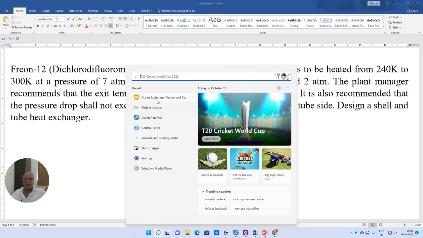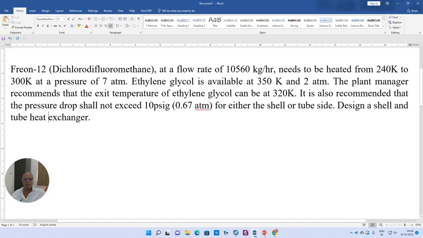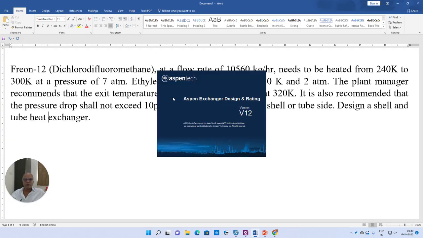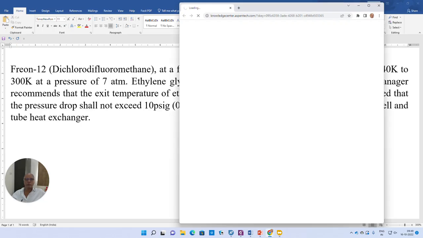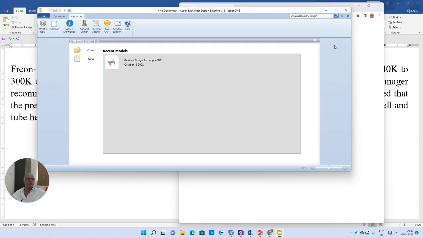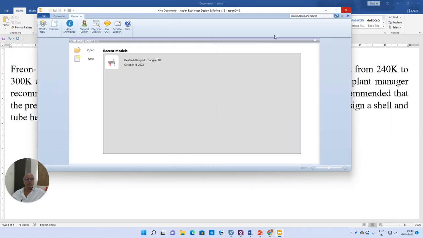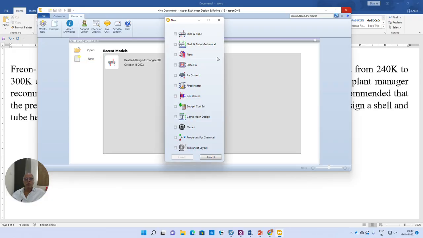You can search for Aspen Exchanger Design and Rating. Automatically you will be able to see this, so click on it.